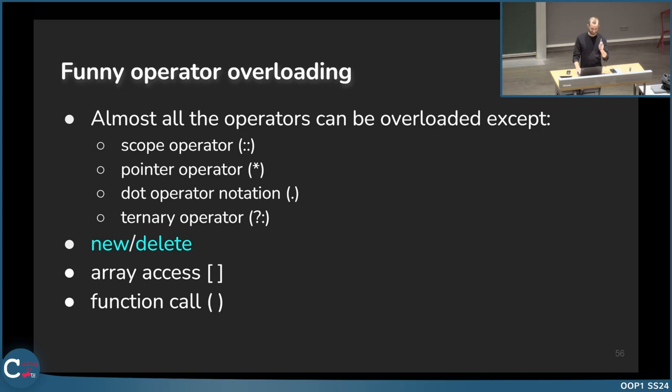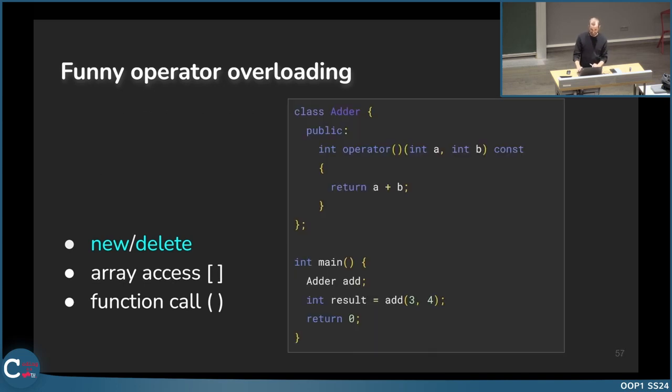And funny thing, you can also override function calls. So you can do something like this. We have here an adder class, just adding two integers. We create here an object adder, and we call here this function call.